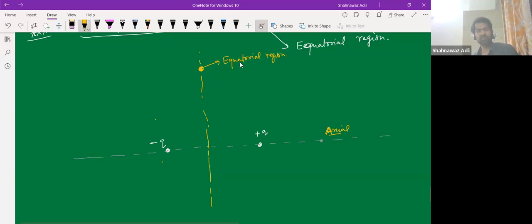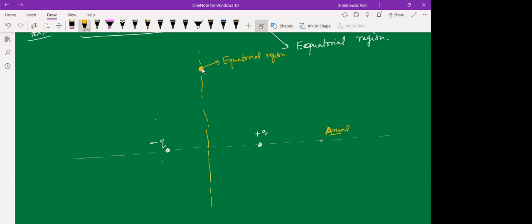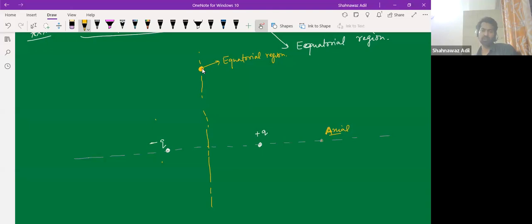So we will calculate the electric field of the dipole in here and in here. Is that clear, guys? Yes, sir.